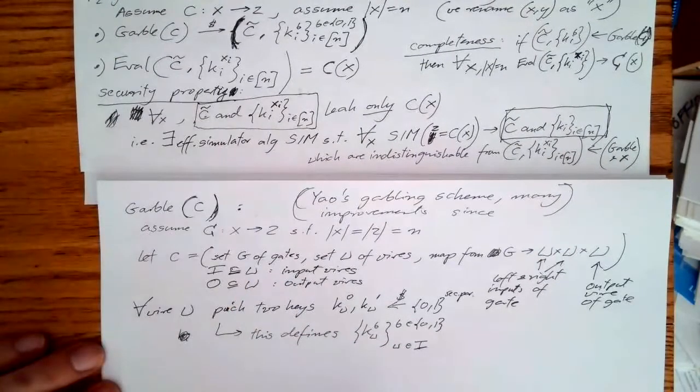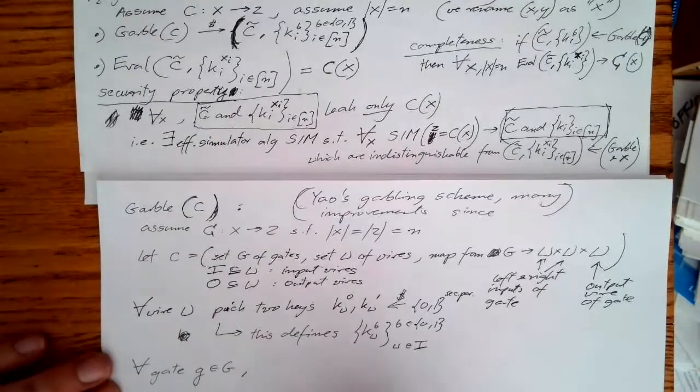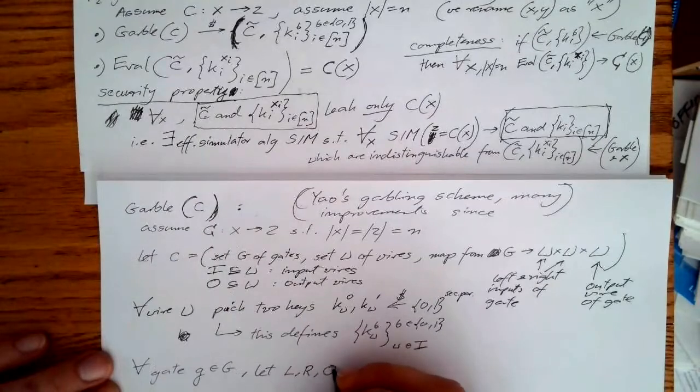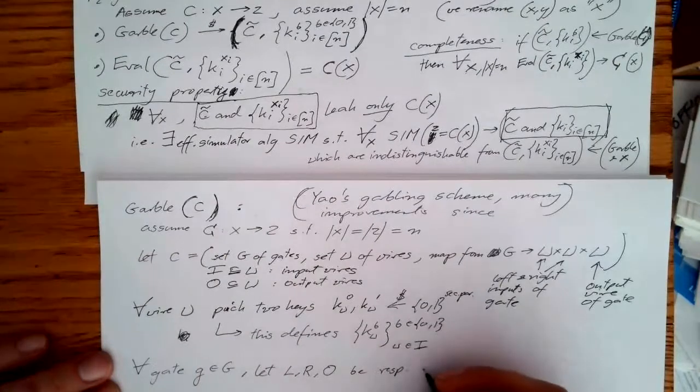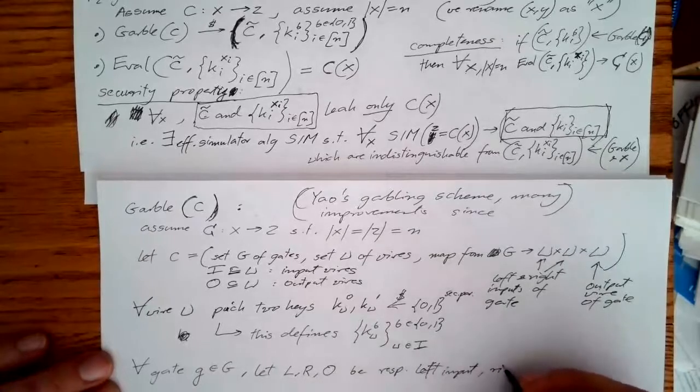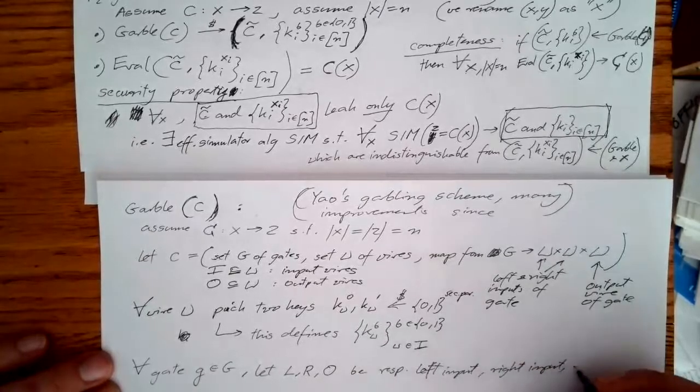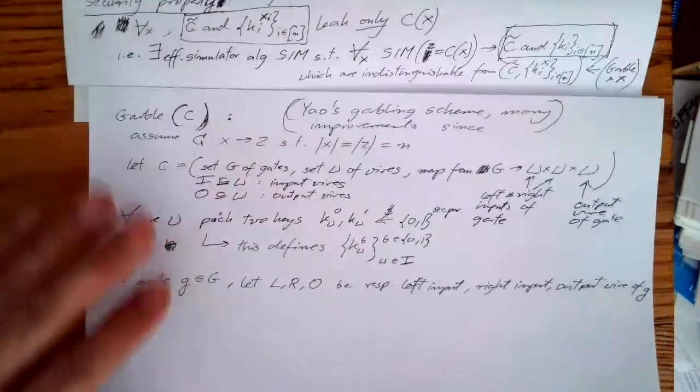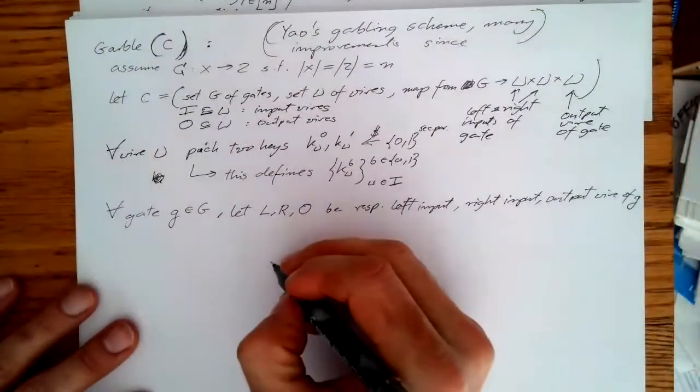What is the garbled circuit? For every gate G in the gates, let L, R, and O be respectively left input, right input, and output wire of gate G. So you have a gate.